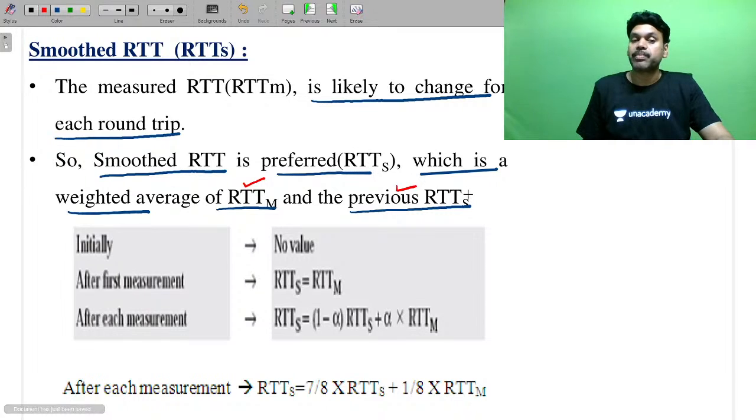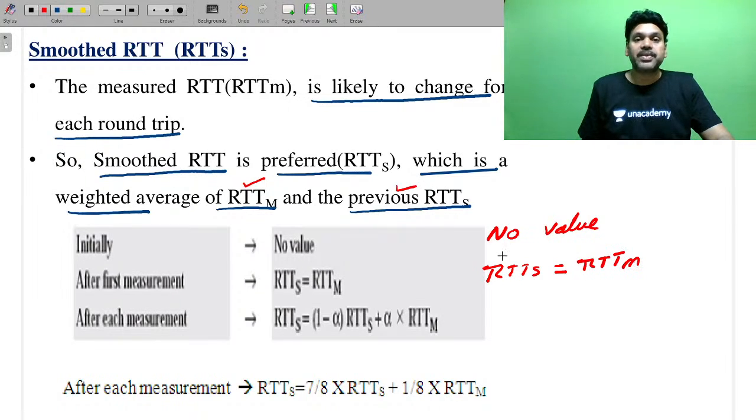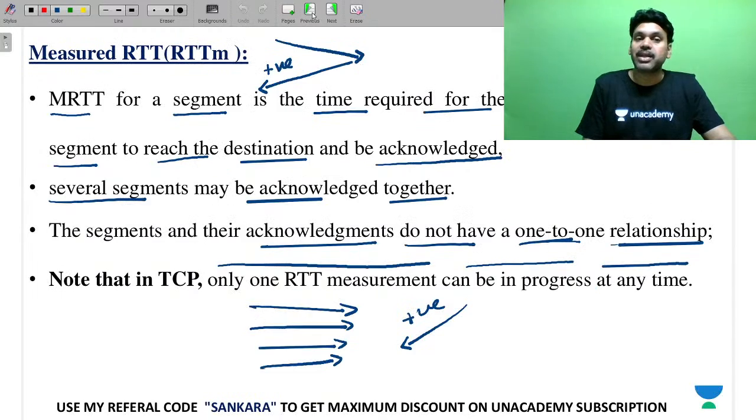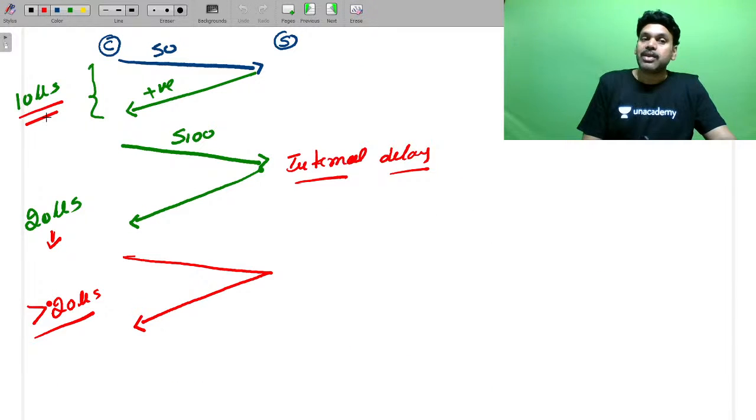RTT smooth. Initially there is no value for your smoothed RTT. When you exchange the first segment, your smoothed RTT is equal to your measured RTT only, because I already guessed 10 microseconds.